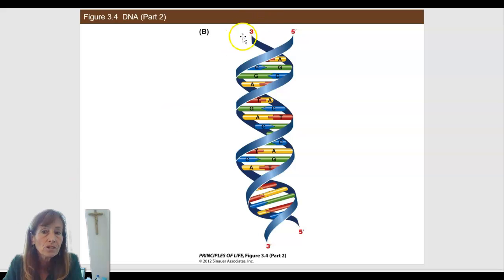And you can see up here they're showing where that 3' end ended up, and here's where the 5' end ended up. But all along the way, C, G, G, C, A, T, and the hydrogen bonds are right in here. The phosphodiester bonds are over here. They'd be the part that forms the outer ribbon on this DNA molecule.